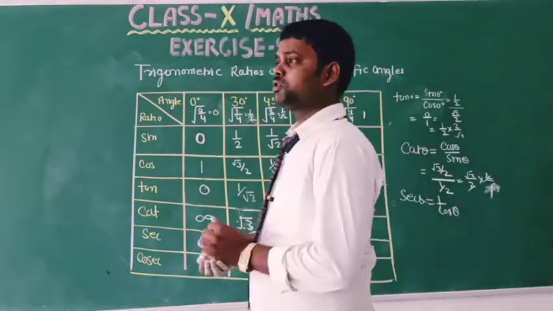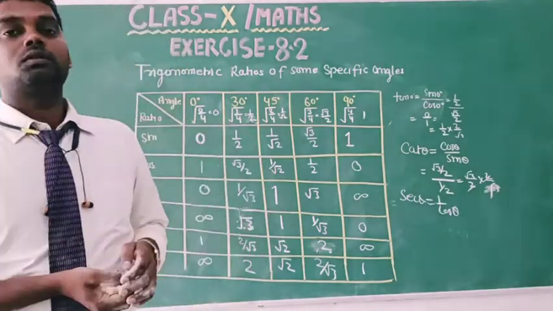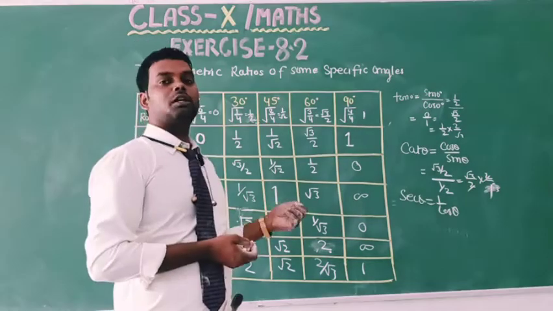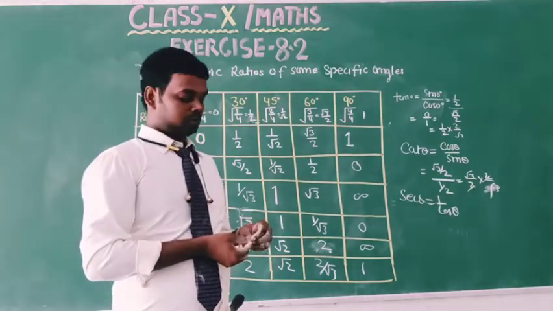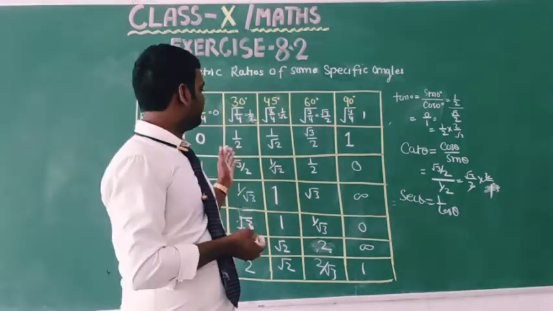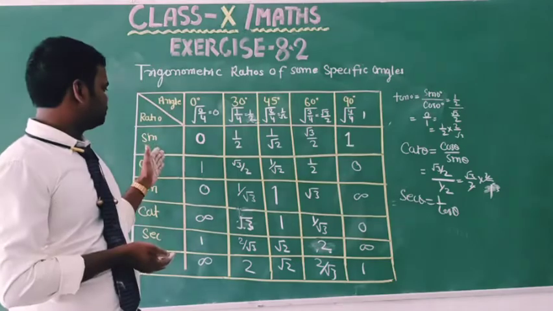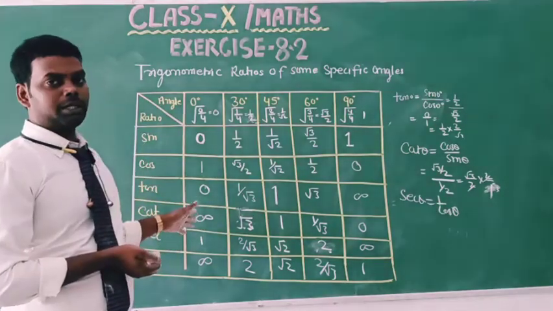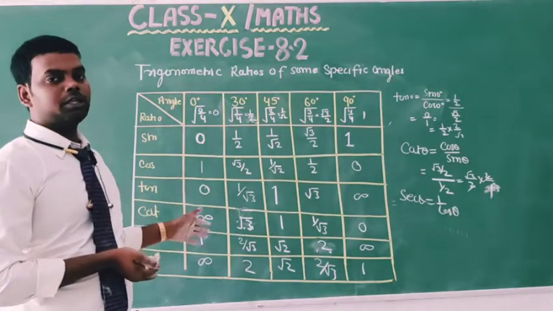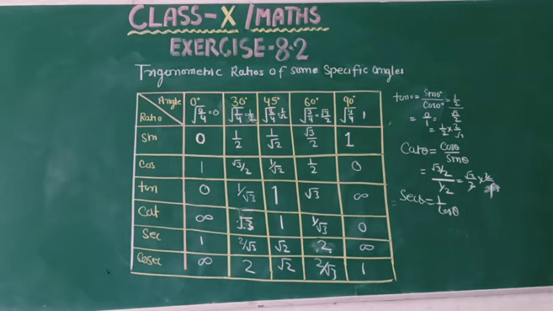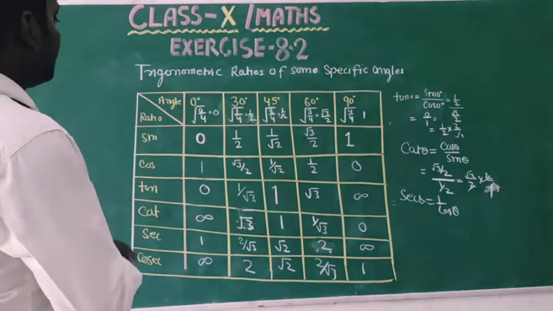For the values of trigonometric ratios, if the value of one ratio such as sin is learned, then with the help of this we can find the values of the other trigonometric ratios.